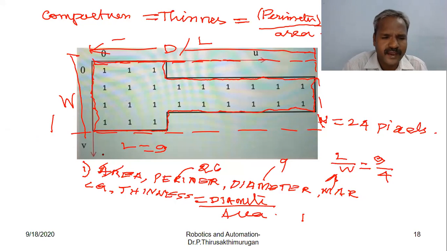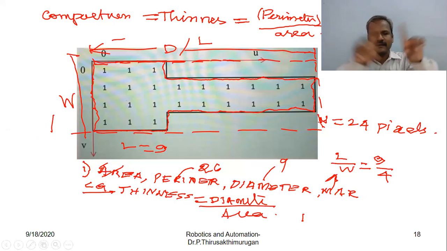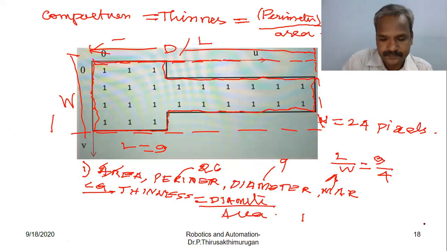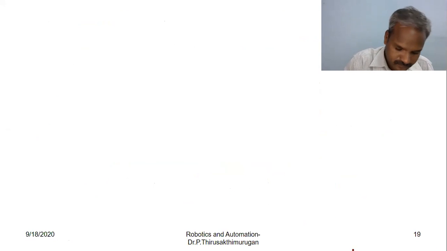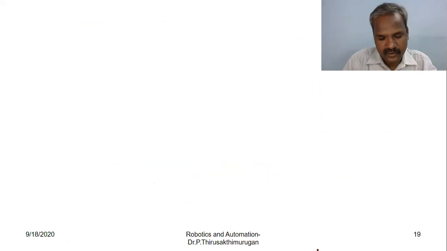Now we find the center of gravity. You know how to find the center of gravity for this two-dimensional object? What is the formula for center of gravity? Actually, we have to find it for two axes. What is the middle point about the x-axis?